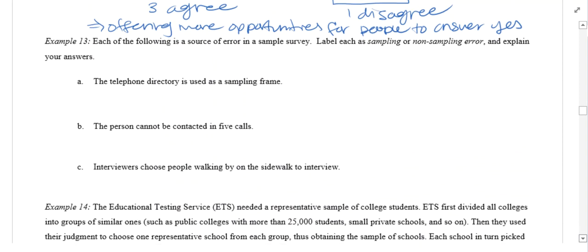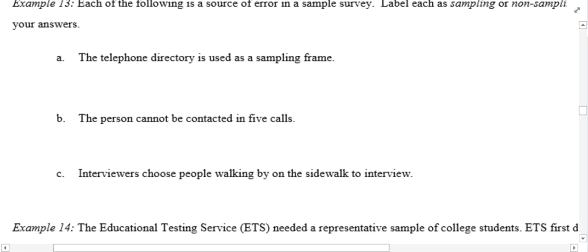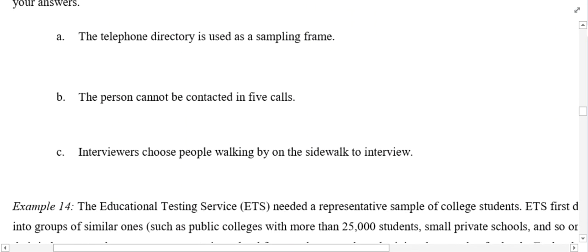Okay, so example 13. Each of the following is a source of error in a sample survey. Label each as either sampling error or non-sampling error and explain your answer. All right, so the telephone directory is used as a sampling frame. So is this error going to occur at the time of sampling or after you already have your sample, non-sampling error?